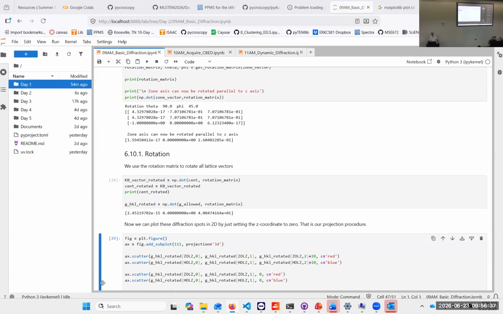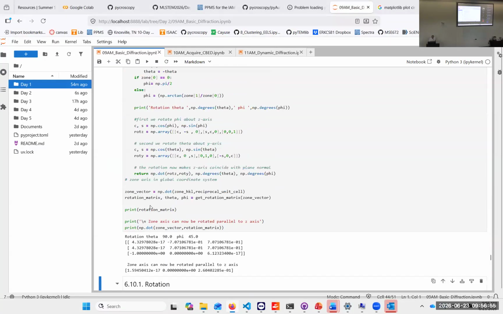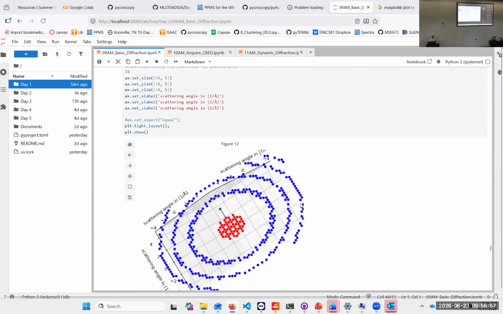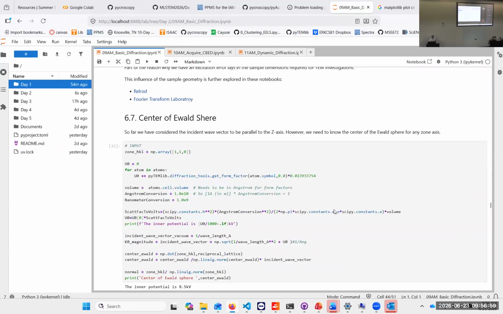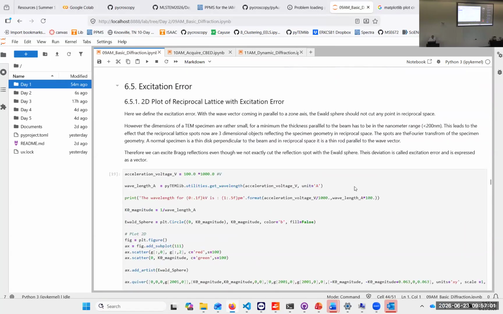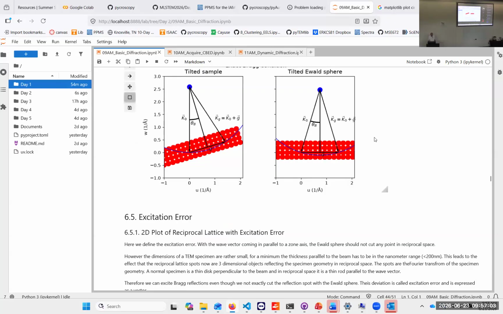Okay. There's another question here from Riso. Tilting. I thought that the crystal should be rotated. Why do you rotate the beam? The point is, it is completely equivalent.